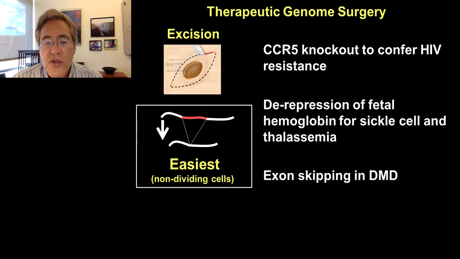So, for instance, the CCR5 knockout is essentially an excision of part of the gene. The de-repression of fetal hemoglobin for sickle cell and thalassemia is really the most commonly pursued method of therapeutic editing, being used by multiple, I think now over 5, biotech companies. And then the exon skipping, of course, with Duchenne's muscular dystrophy also uses excision to have its benefit.